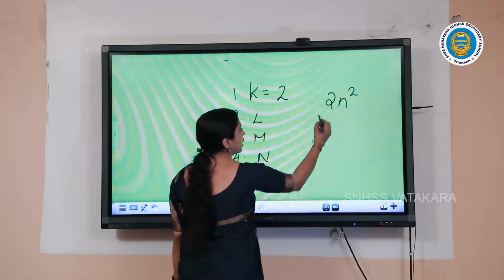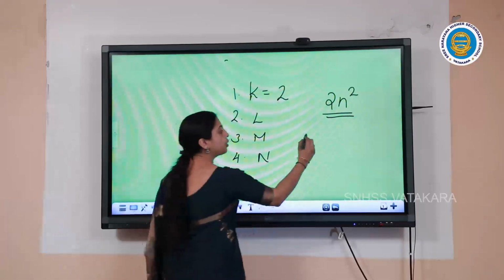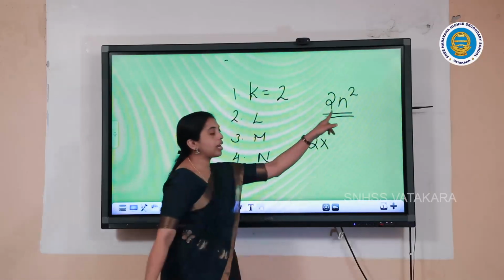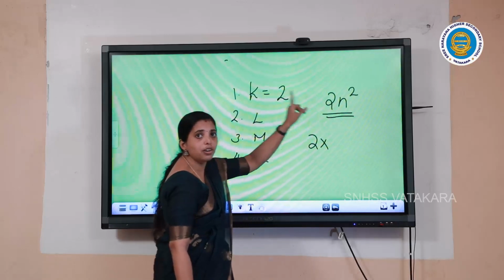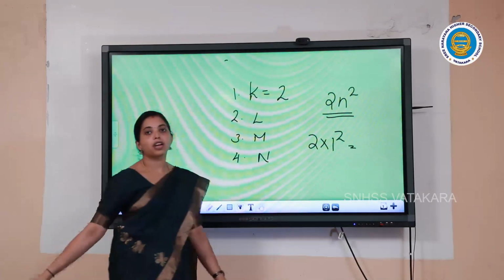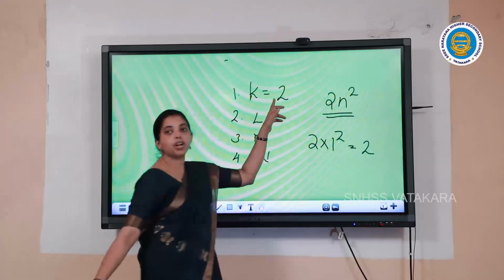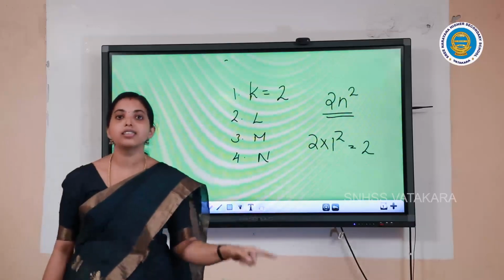So 2 into 1 squared is 2. So the total number of electrons K shell can accommodate is 2.